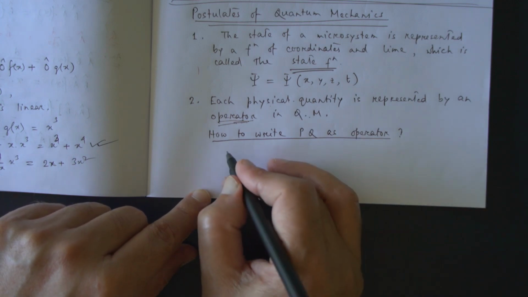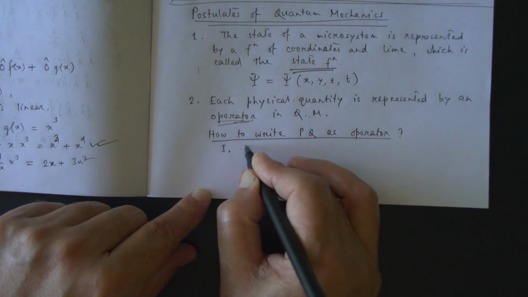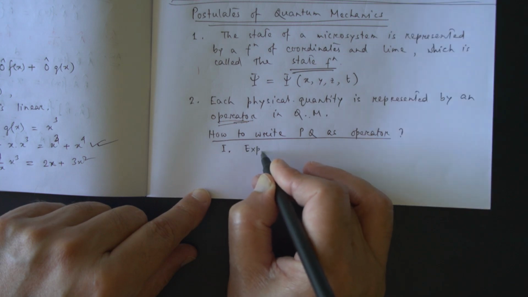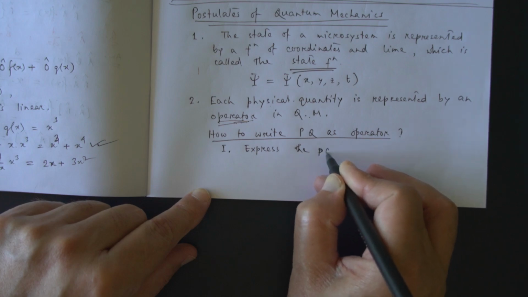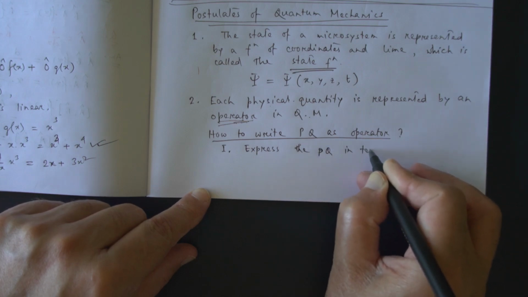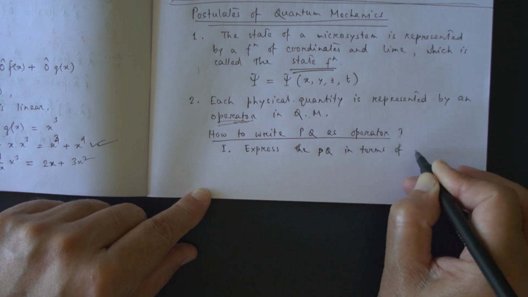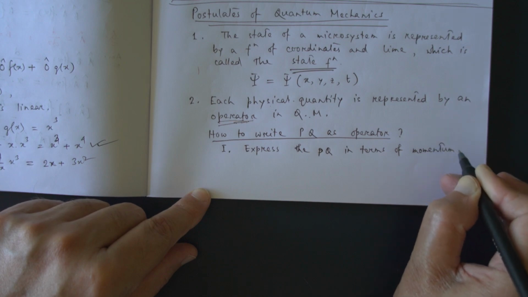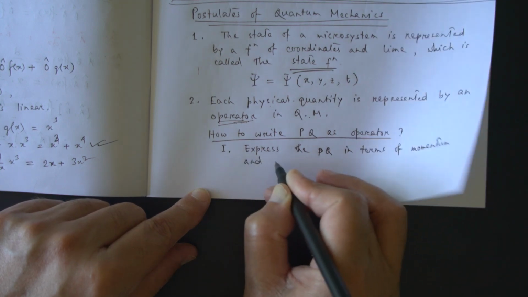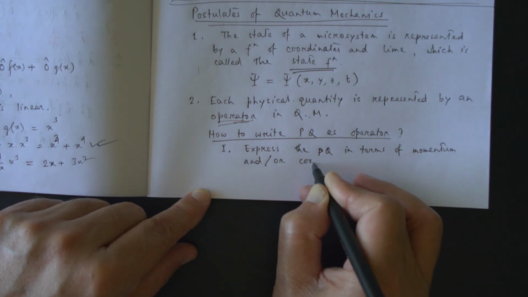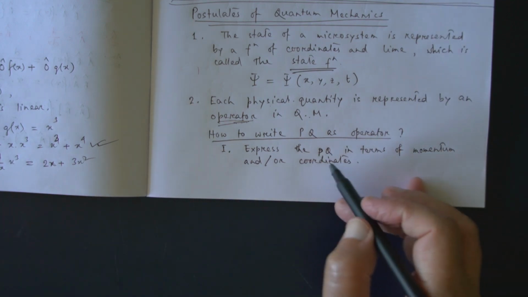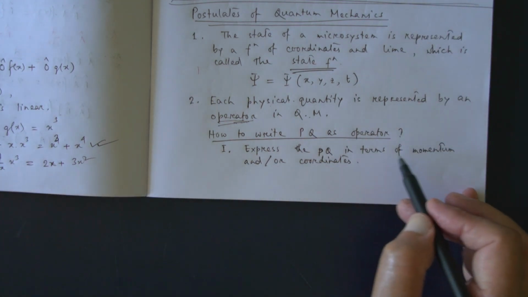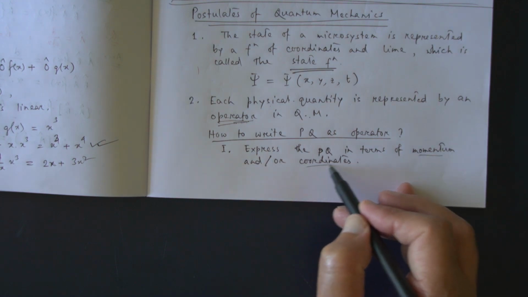There are two steps. First, express the physical quantity in terms of momentum and coordinates.